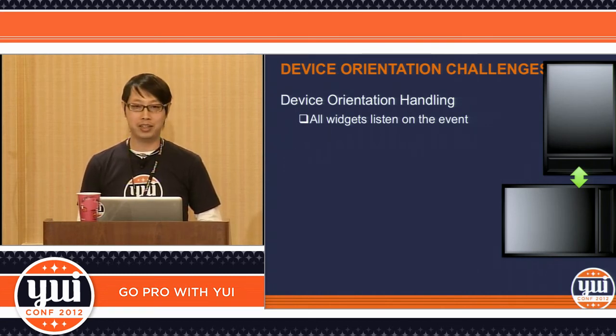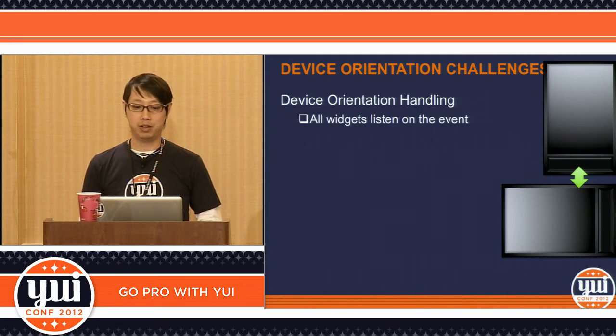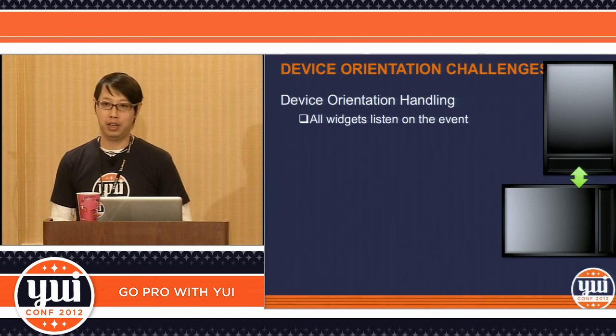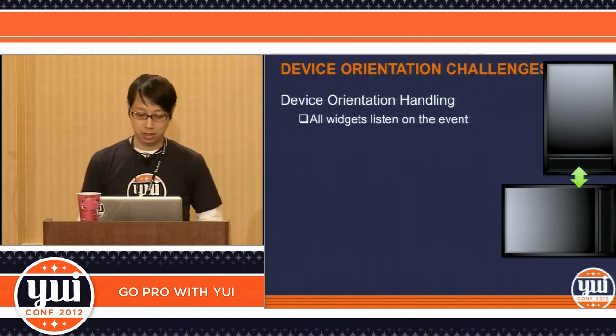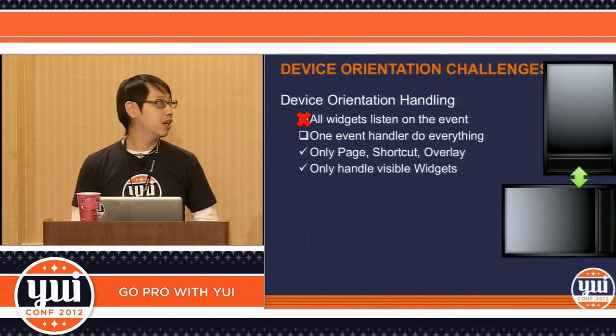Every widget can listen on an orientation change event or a screen size change event, but it does not work well because it may cause overhead, because everything is done with the YUI event model. So it's not a good solution.